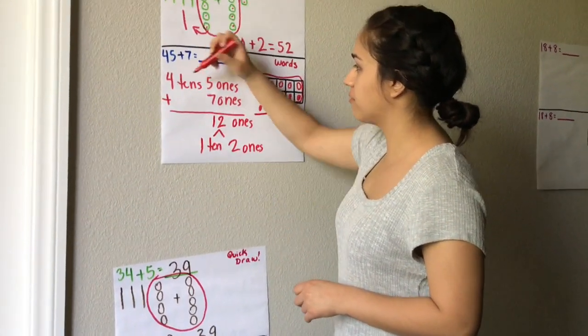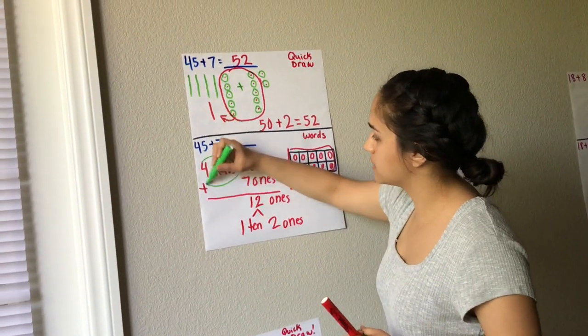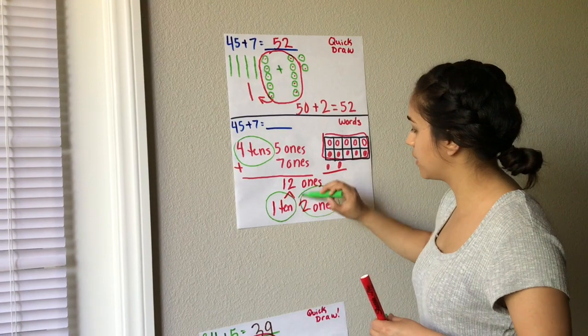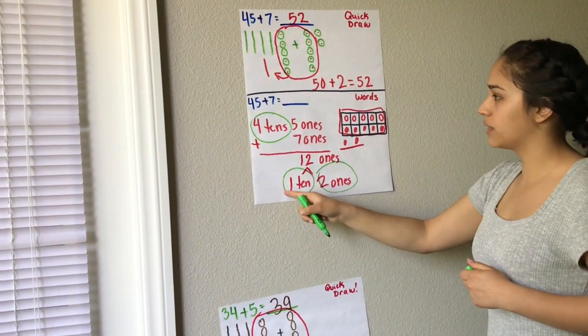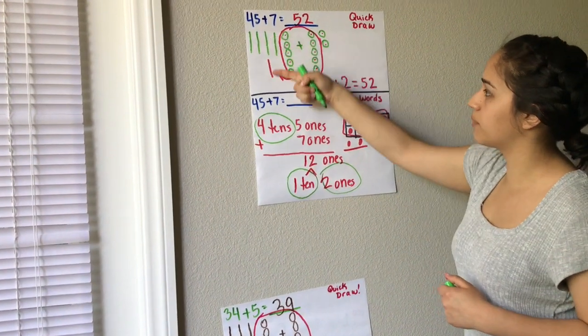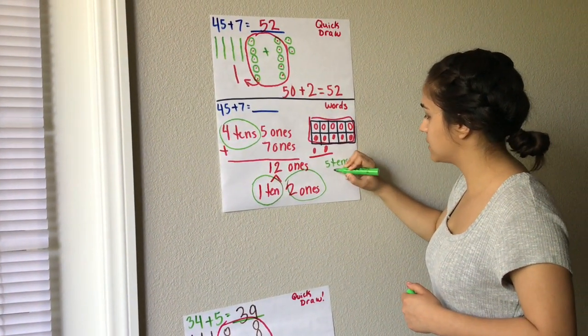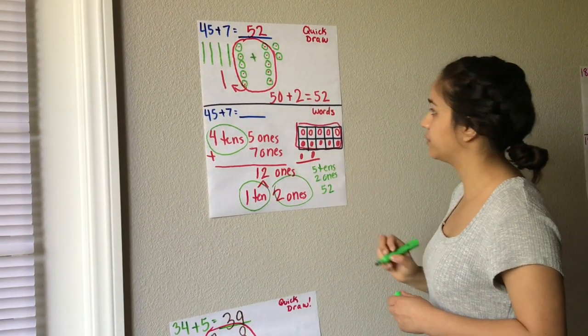So now you have 4 tens plus another ten plus 2 ones. That's even represented up here. You can check your work. 5 tens and 2 ones is 52.